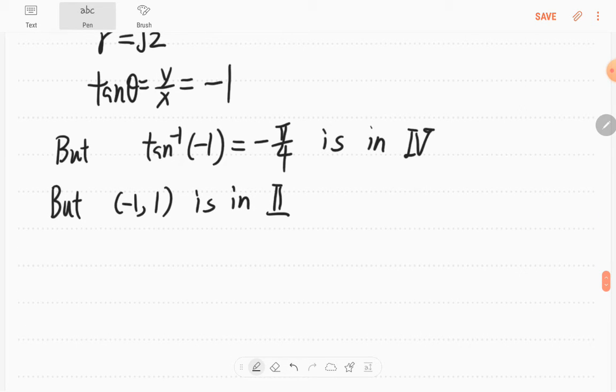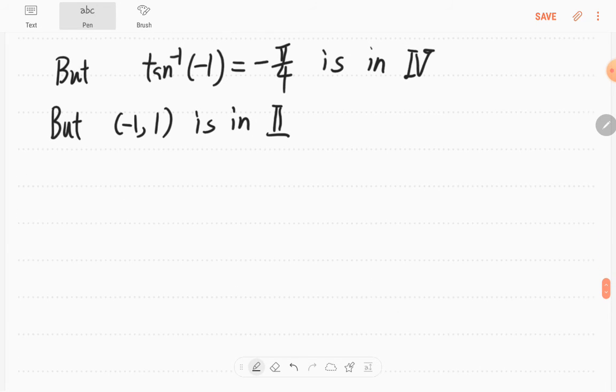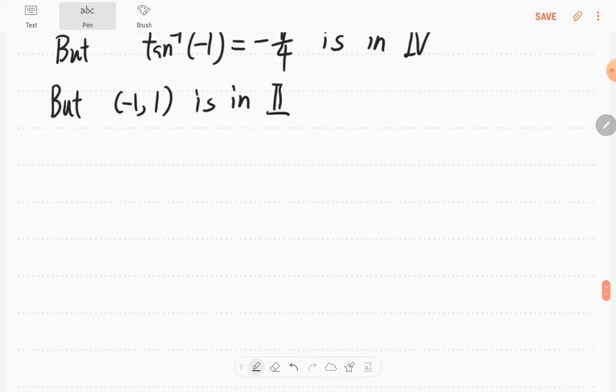So we have this -pi over 4, an angle in the fourth quadrant, and we need an angle theta which is in the second quadrant but has the same tangent value. In other words, they should be on the same line.